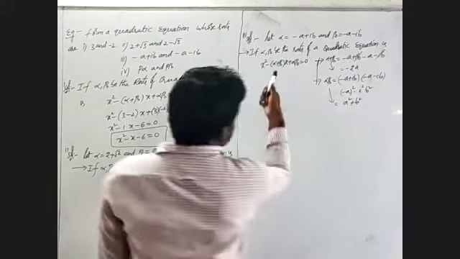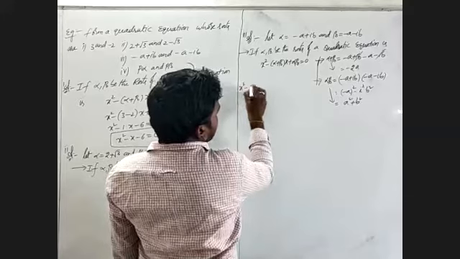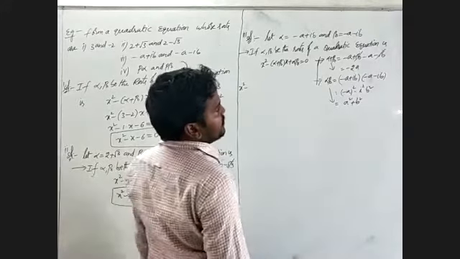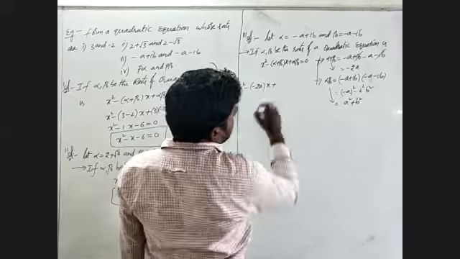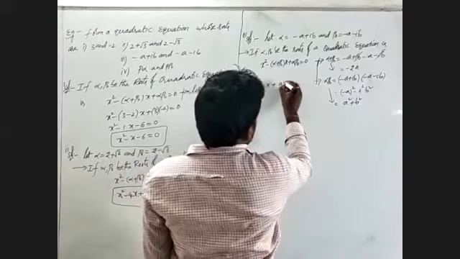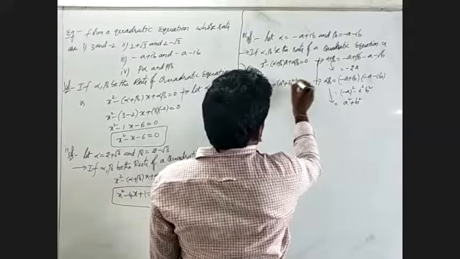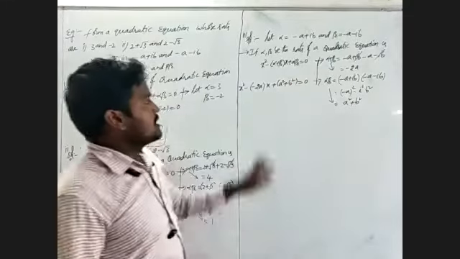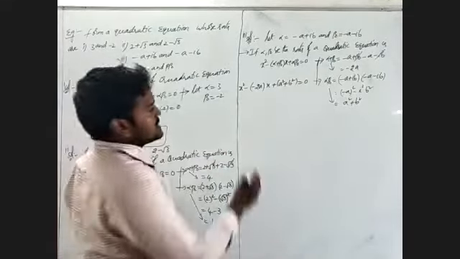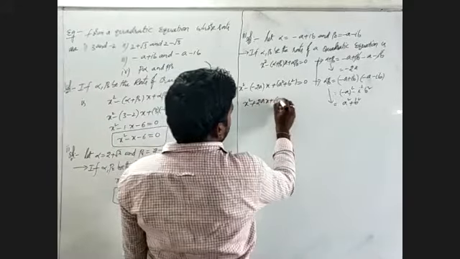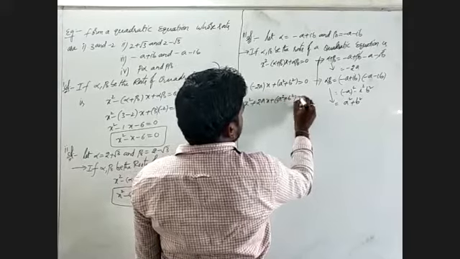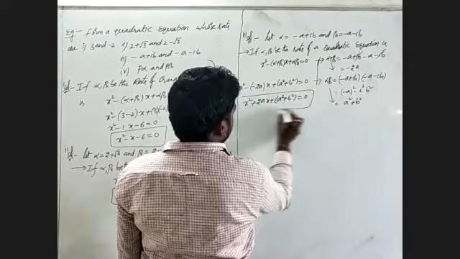Now in the given equation I will write x square minus (alpha plus beta) x plus alpha beta equals 0. Here, minus into minus becomes plus, so x square plus 2ax plus a square plus b square is equal to 0.